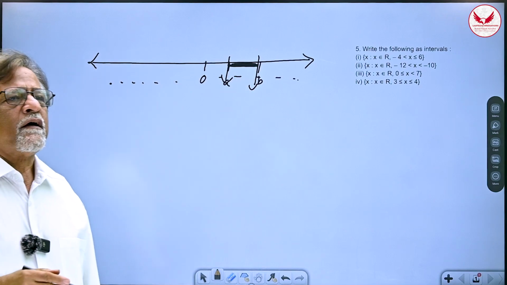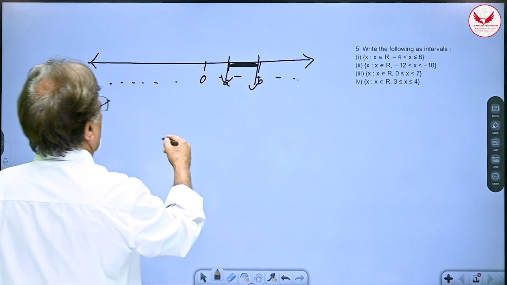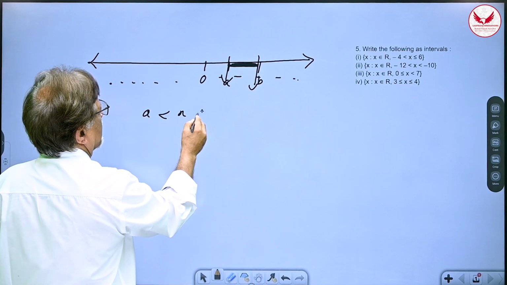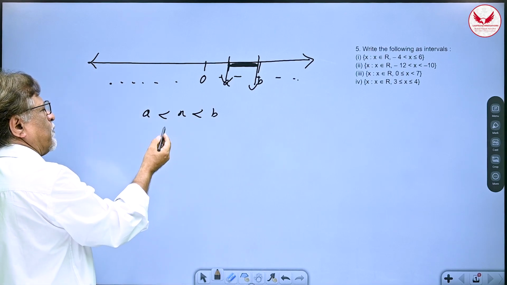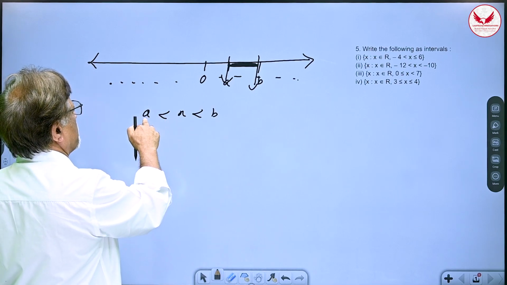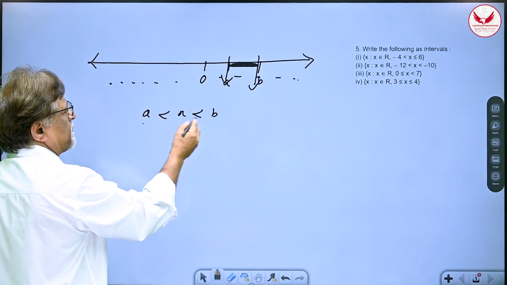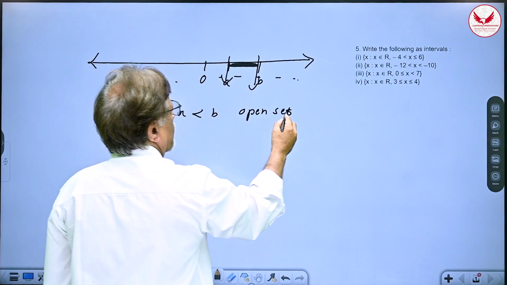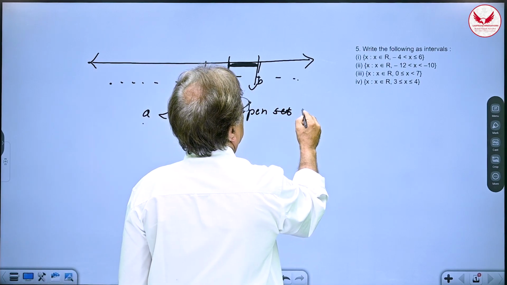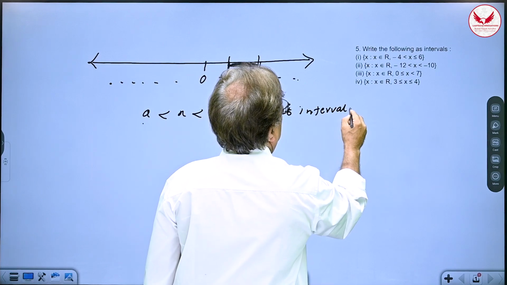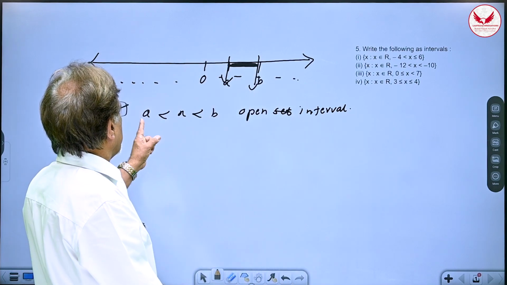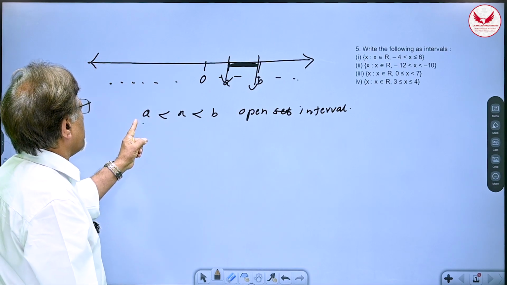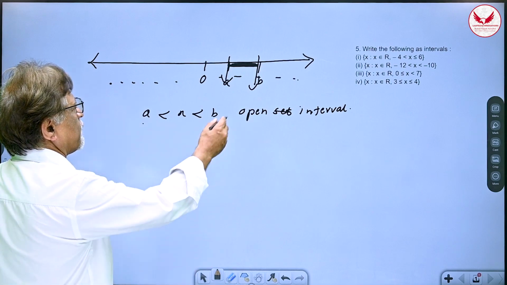It consists of all the elements from A to B. So if I say A less than X less than B, then I'm talking about all real numbers X which are between A and B. This kind of set is called an open interval. Why is it called an interval? Because no element between A and B is skipped. Every element between A and B is included in this.